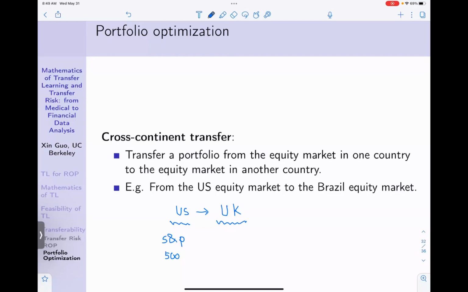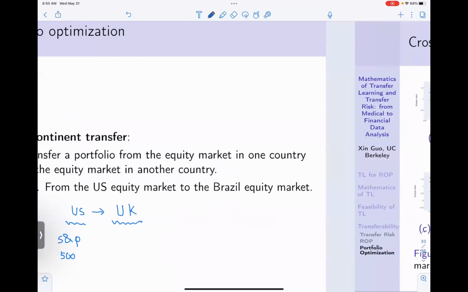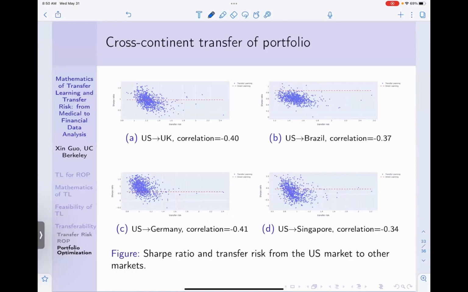And then I try to see the relevance of the performance. Here, I use the transfer risk to test maybe some sort of correlation of portfolio management success across countries. And here's the picture that I found.